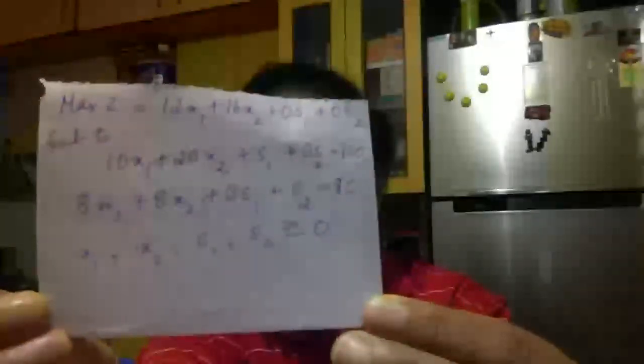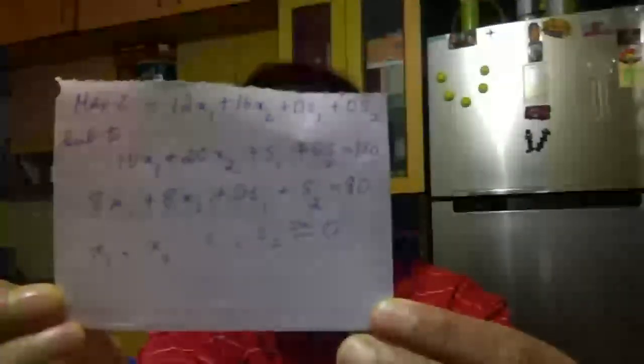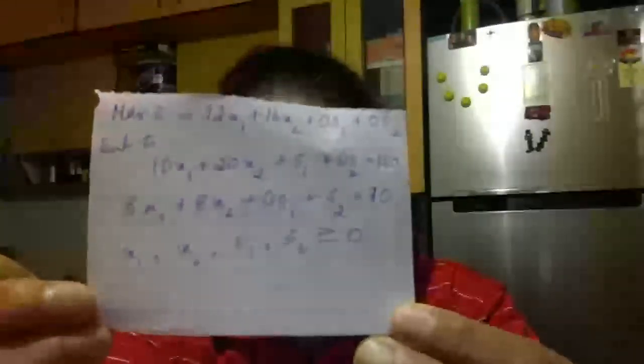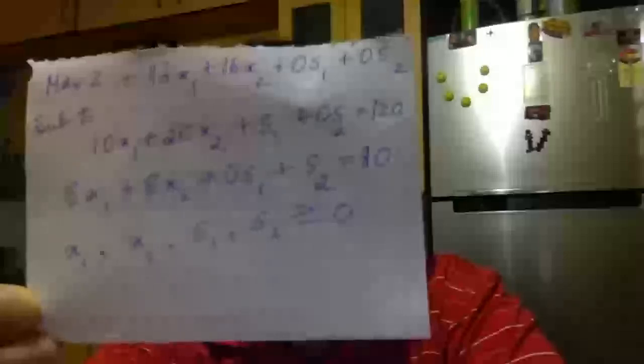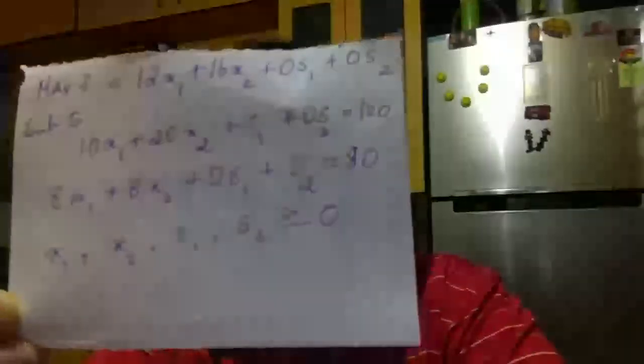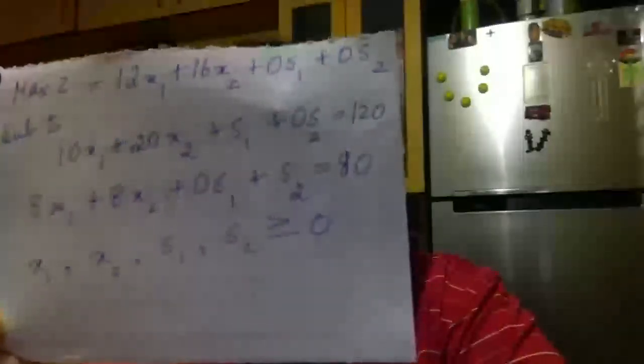Please see, I'll repeat what I did. I standardized the whole problem by introducing two slack variables S1 and S2. Why two slack variables? Because there were two constraints. Now the objective function I have done like this: 12x1 plus 16x2 plus 0s1 plus 0s2.